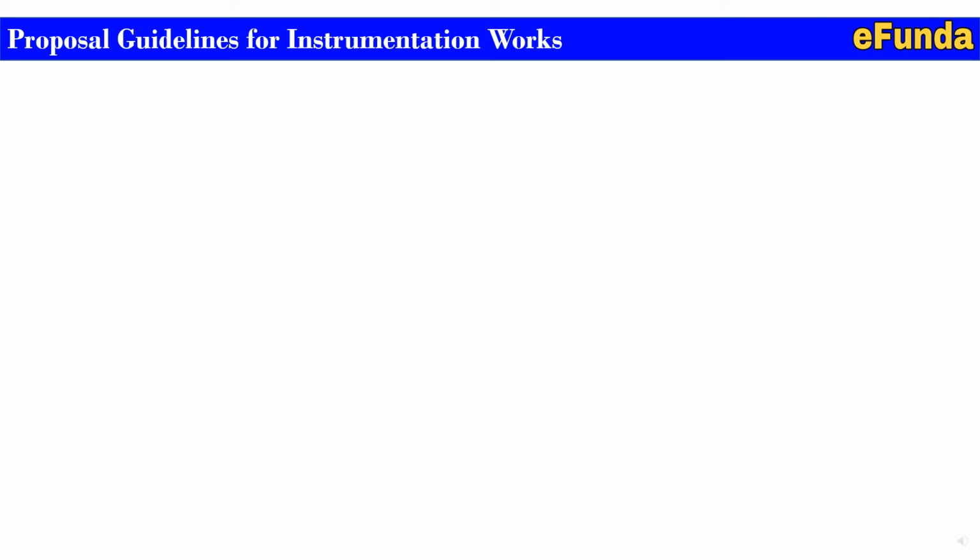We have seen what is bid, what is proposal, and fundamental guidelines for technical proposal. Now we are moving on to the important topic where we will see proposal guidelines for instrumentation work, as this is the important basis for quoting any project, where we will give you some of the tips which are being considered at the time of bid proposal where the details are not available, and this is a thumb rule used in industry where we are submitting instrumentation related works technical bid.